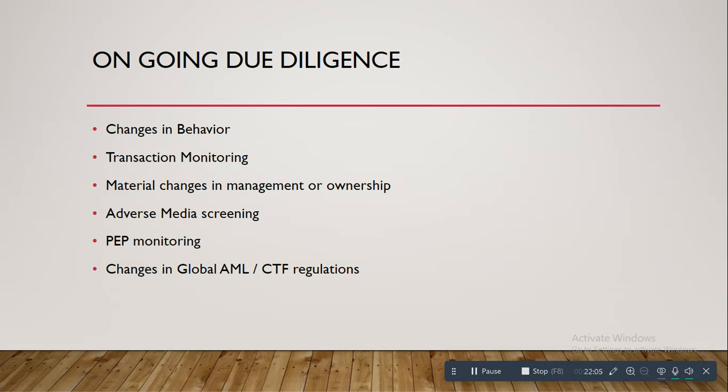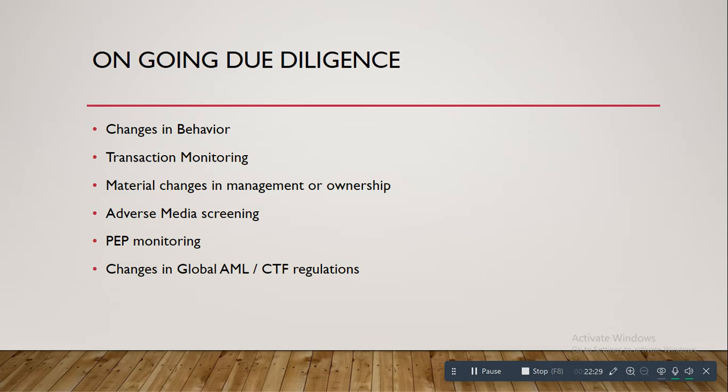Now, ongoing due diligence. It is not the case that once the correspondent bank relationship is established, you will not do anything. For us, in a correspondent banking relationship, ongoing due diligence should always be done. This includes pointers such as changes in behavior, and continuous transaction monitoring is required.